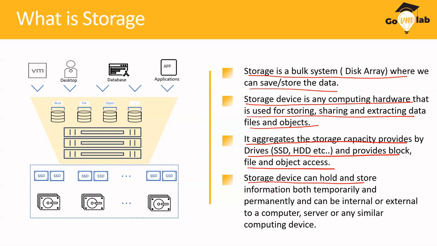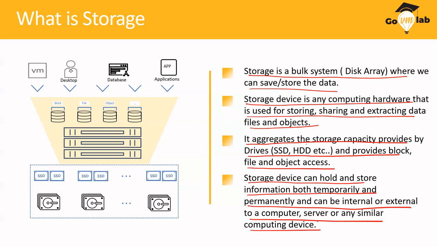A storage device can hold and store information both temporarily and permanently. It can be internal or external to a computer, server, or any similar computing device. So what this point says is that your storage device can hold your information in a temporary format or a permanent format, right? And that's where we have a classification called primary storage and secondary storage.